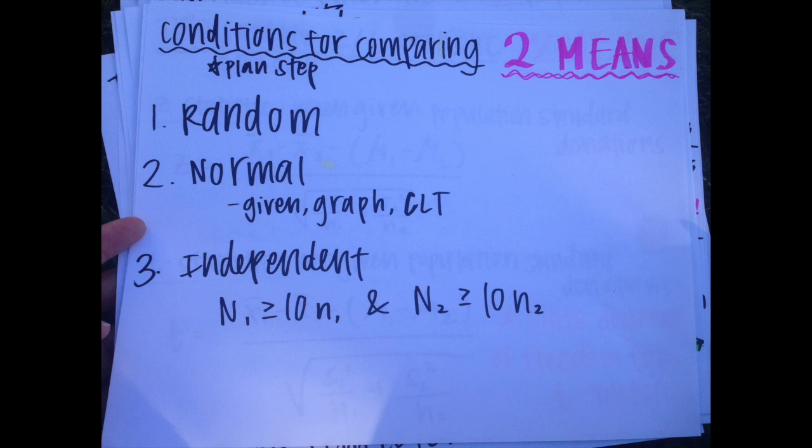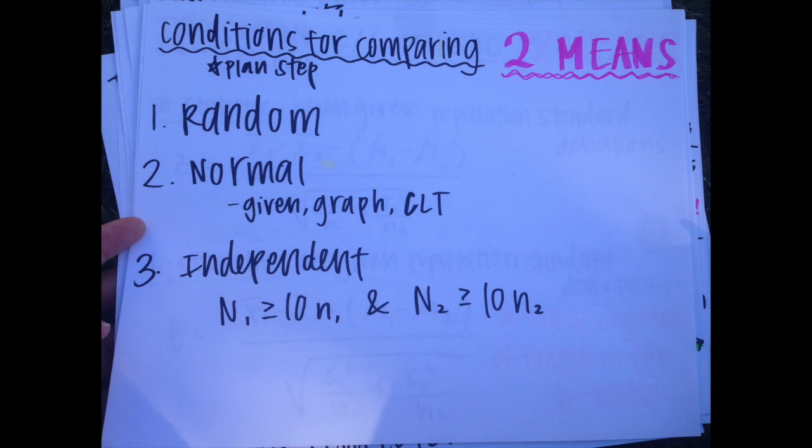Conditions for comparing two means, and this would be in your plan step. So the first condition is random. Both of the samples have to be random and from two distinct populations or from two different treatments.